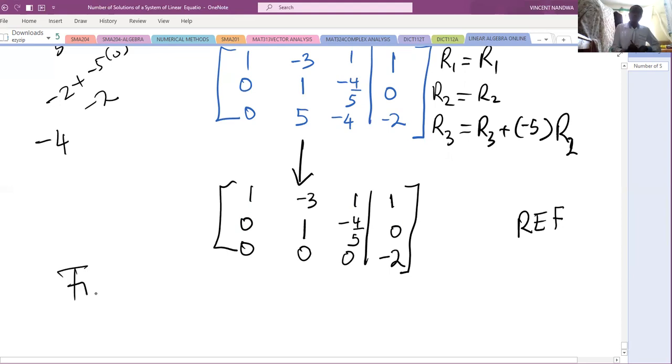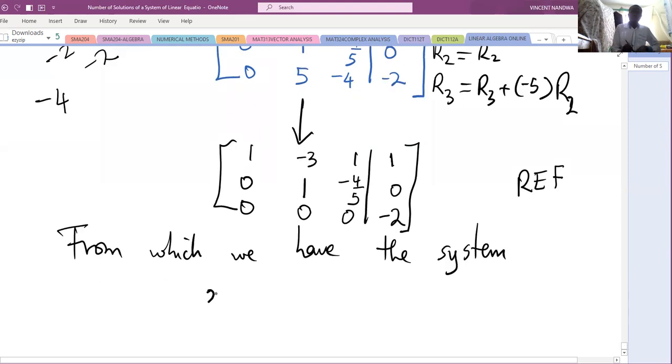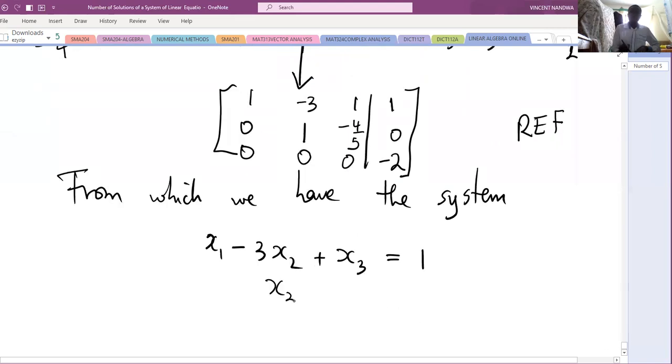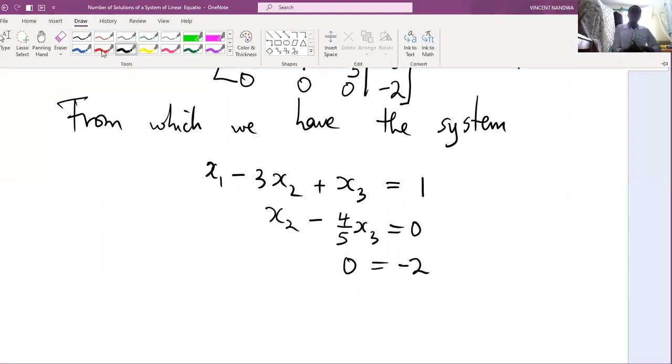So from which we have the system: x1 minus 3x2 plus x3 equals 1, and then x2 minus 4/5 x3 equals 0, and then this just 0 equals -2, because every variable is multiplied by 0. Now, because 0 cannot be the same as -2, that's an absurd statement.